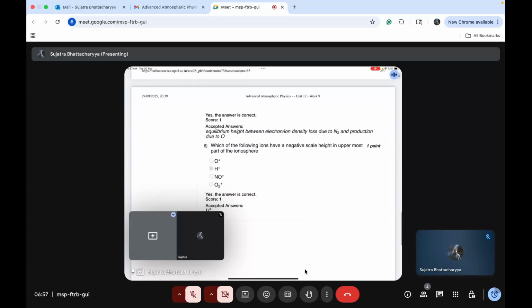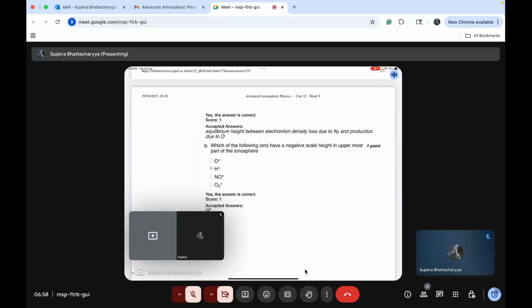Finally, which of the following ions have negative scale height? There are many, like O plus, H plus, NO plus, and O2 plus. We have seen in most cases, like oxygen ion, NO plus, or O2 plus, scale height tends to decrease. We have seen it for atoms, for N2 and all those things.